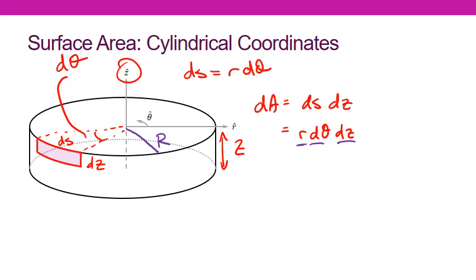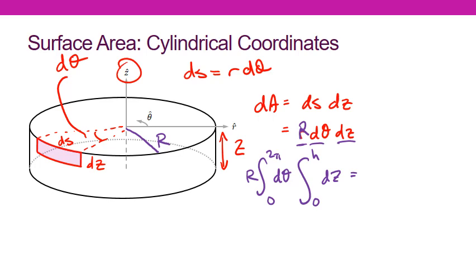And so really this wouldn't be just r d theta, this would be radius d theta. And so we would have the integral from 0 to 2 pi r d theta times the integral from, say, 0 to my height dz, and I would integrate that.